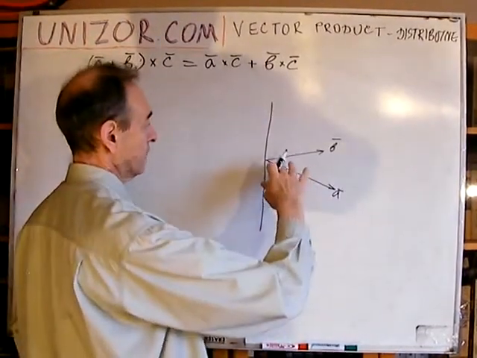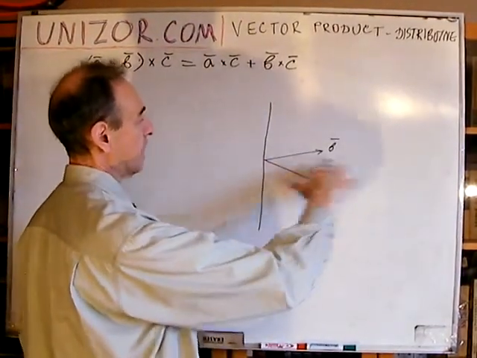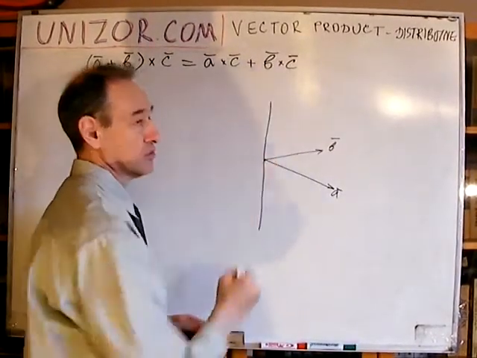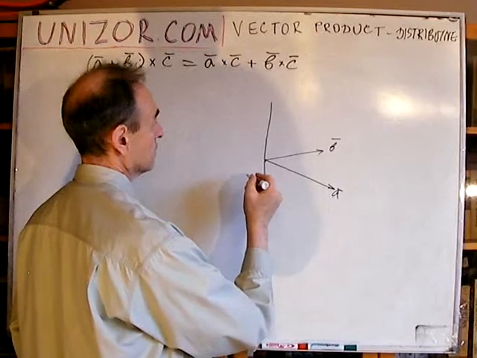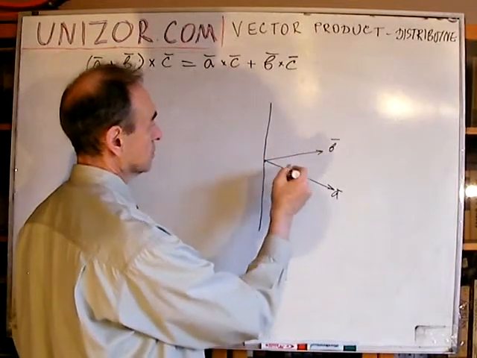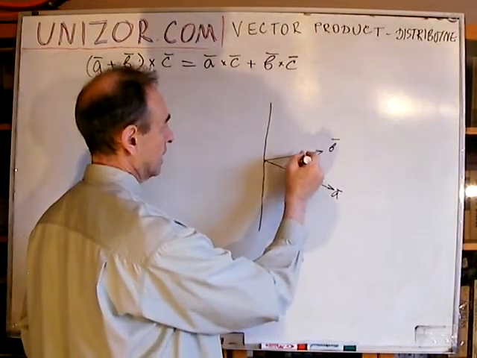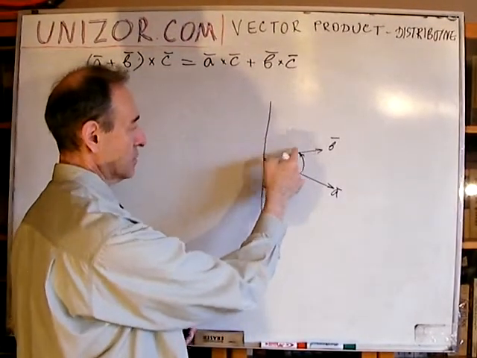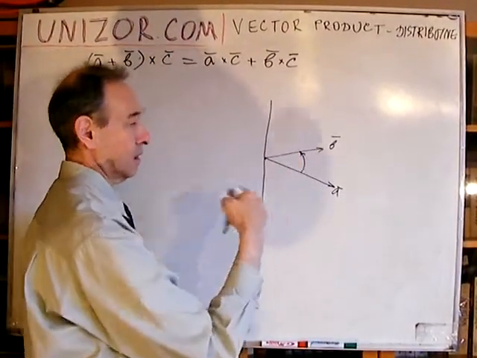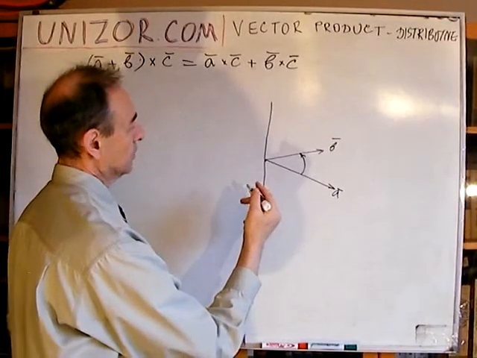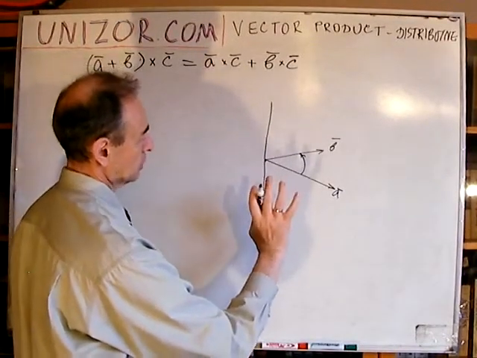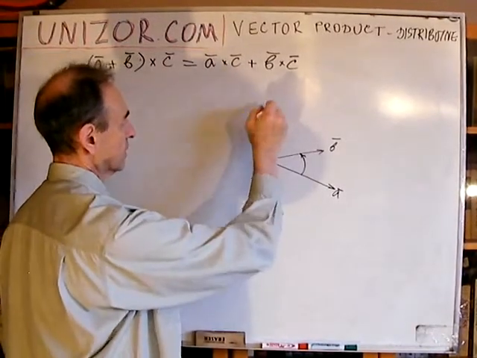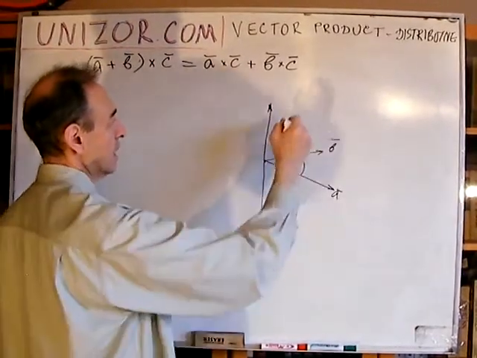So basically, if you have a plane which is defined by these two vectors A and B, then this is a perpendicular to the whole plane. Now, the direction is defined by the smaller angle between A and B, from A to B. It's important. So you can use the rule of the corkscrew.